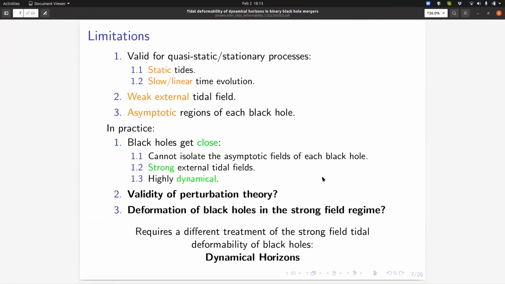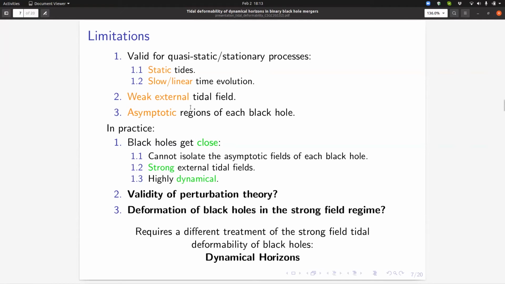Most of these works tell us that the tidal deformations of non-spinning black holes are zero. Some of the limitations are that all of these are discussed in the context of static tides. The tidal deformation of the black hole is only assumed to have a parametric dependence on time because of the assumed slow evolution of the tidal field.